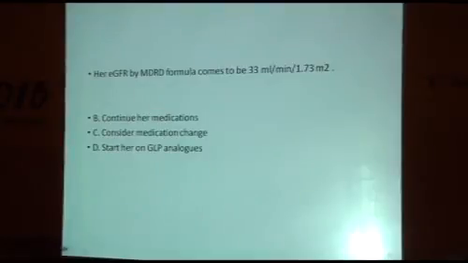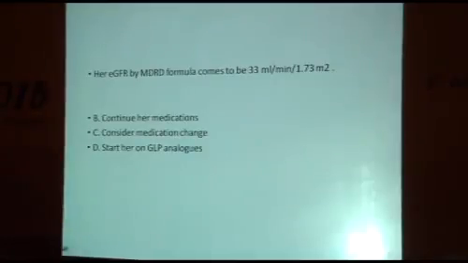Her eGFR by the Modification of Diet in Renal Disease formula comes to 33. Using creatinine alone, we can misdiagnose the stage of kidney disease. We have to shift from creatinine to eGFR calculations.